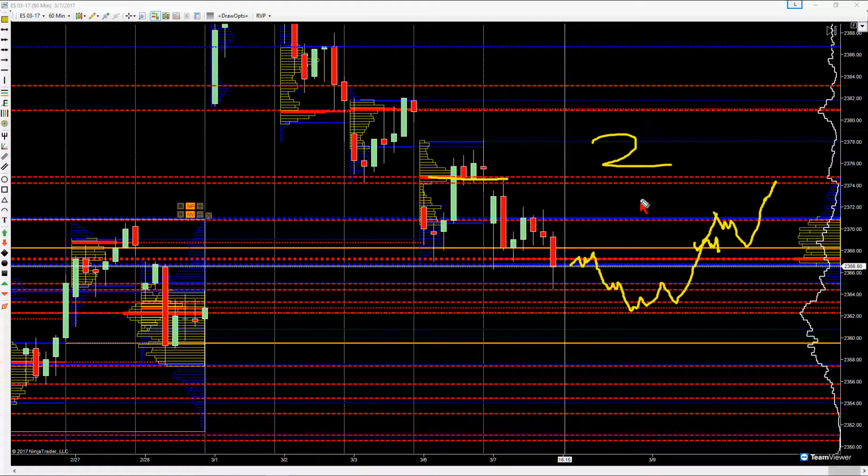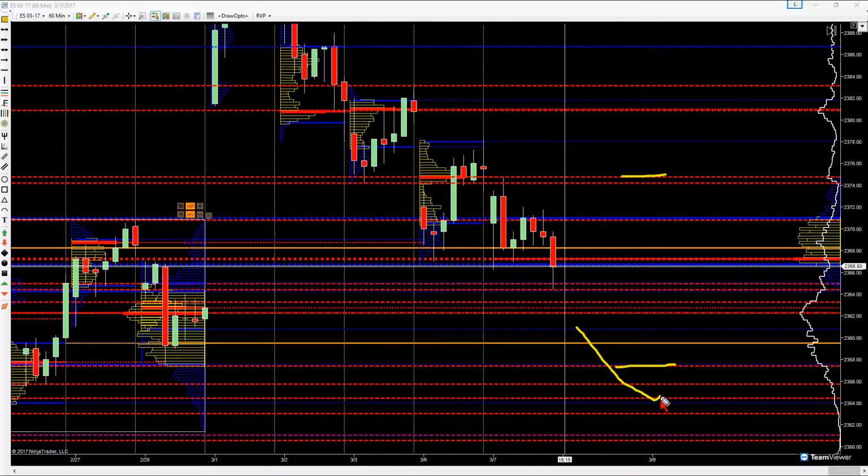Hypo number 3. I have to tell you, those are really the two I'm watching, and I'm looking for the upper end of the range to be about here, and the lower end of the range at furthest to be about here. If we get outside of any one of those, we are going to flip our bias.